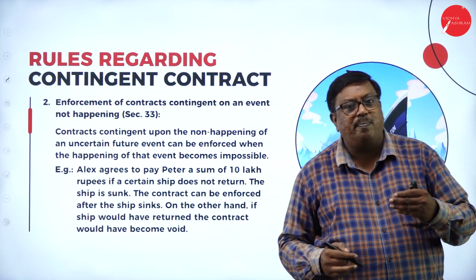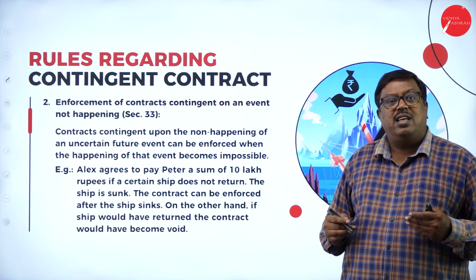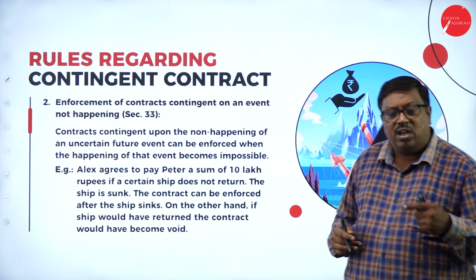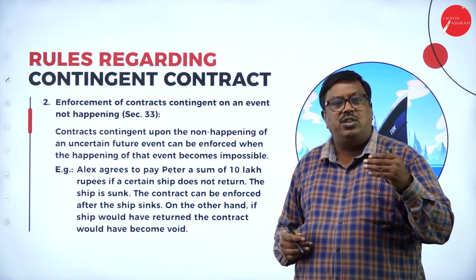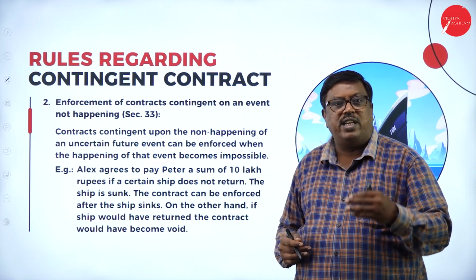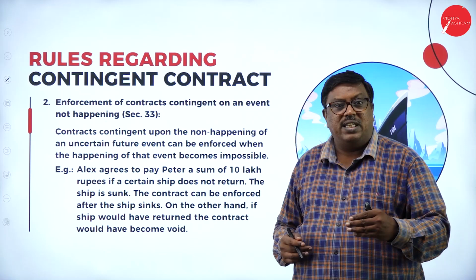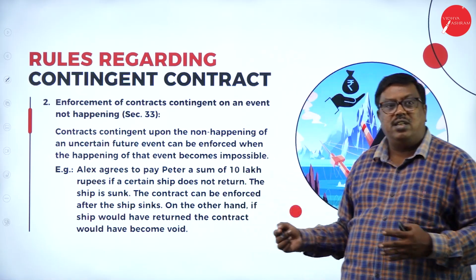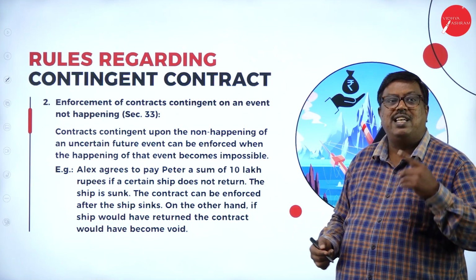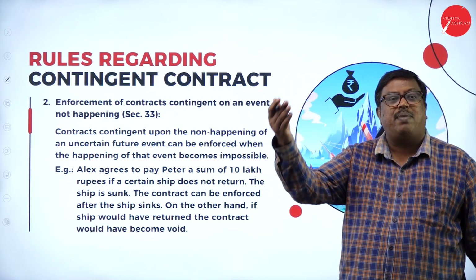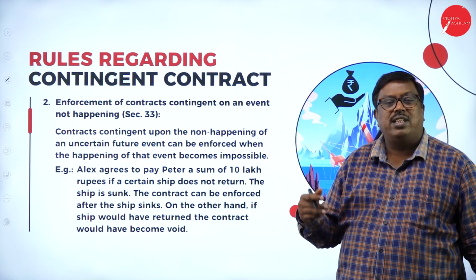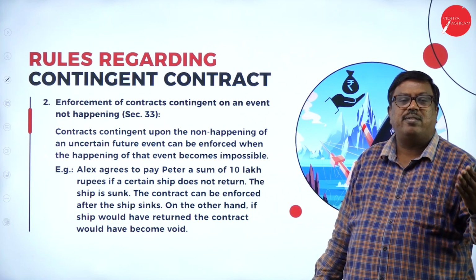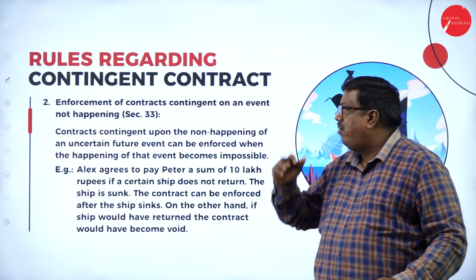Let us have a contract between us: the ship which has gone on 15th April 2024, if that ship sinks in the water, I'm going to pay you 10 lakhs. If the ship returns safely, I'm not going to pay anything. That is nothing but the contract being void. This is the concept we have.